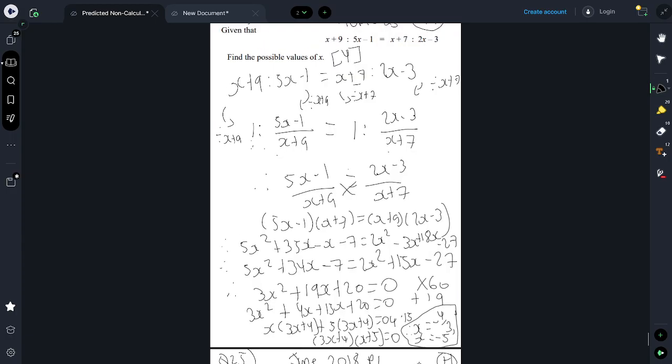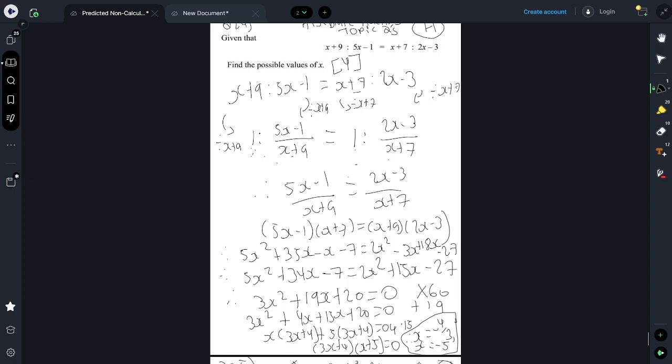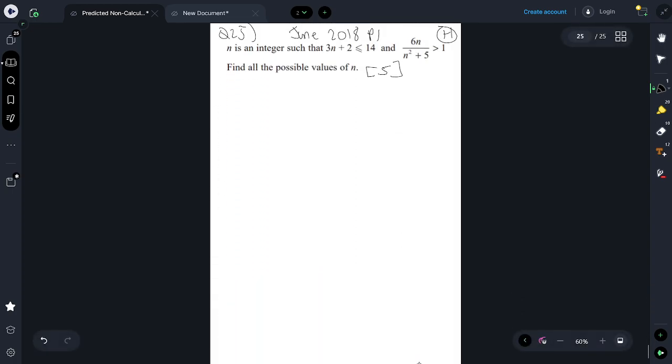I think the initial problem with this is just to formulate the fraction, which comes from making sure the ratios are identical. So 1 to something, which you obtain by dividing by the first number on each of them. And then you equate them. That's it, okay? Hopefully it makes sense. And now we're on the final question.